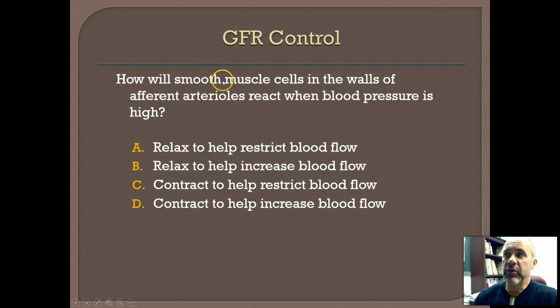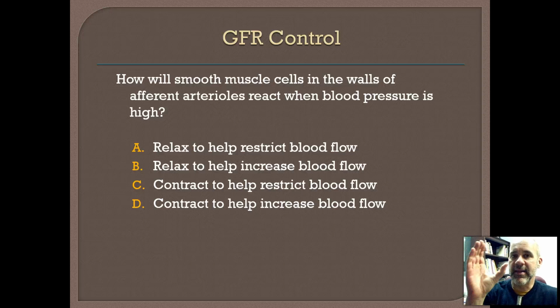All right, but you have smooth muscle cells in the walls of your afferent arterioles, those incoming blood vessels, and they're able to sense, okay, blood pressure is high, so the walls of the arterioles, that fluid is pushing against them, and the smooth muscle cells in there are going to react. So if your GFR is too high, how are you going to lower it? You've got to reduce the amount of blood that's actually making it to the glomerulus.